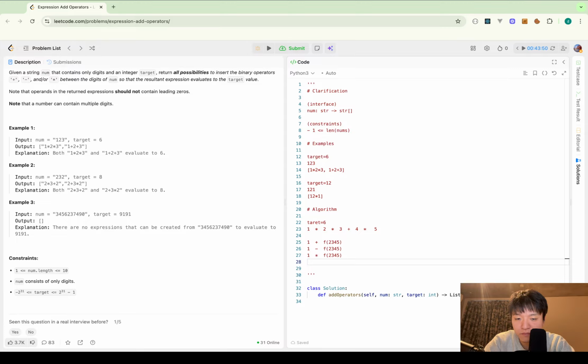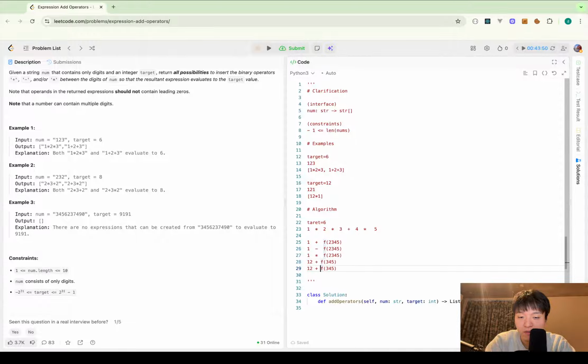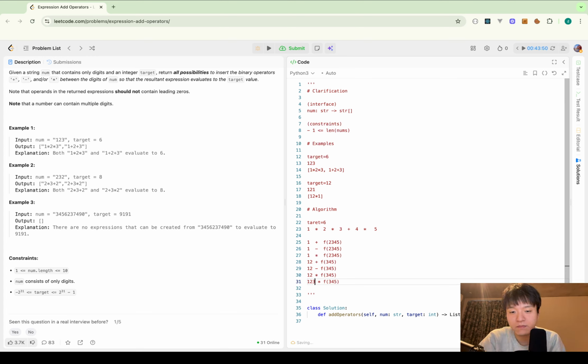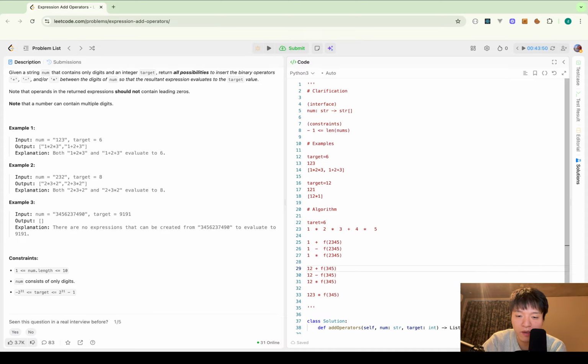Or I continue this with 12 plus f of 3, 4, 5, or minus, or multiplication, or I can continue like this. So that's what I mean by dynamic programming.